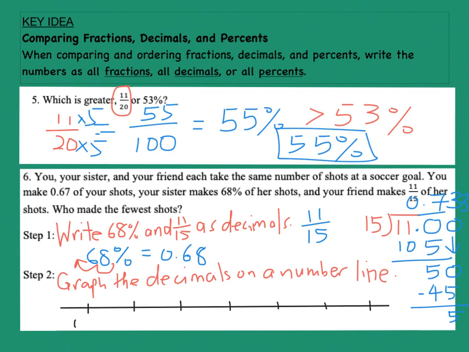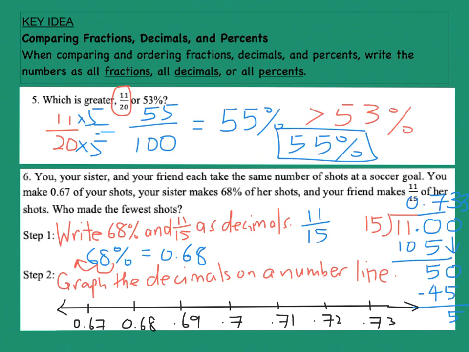So I'm going to start with 0.67, 0.68, 0.69, 0.7, 0.71, 0.72, and 0.73. And I want to erase this extra marking here. Okay, so from here, you can plot in our numbers.